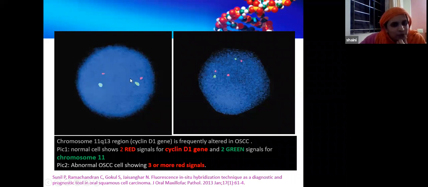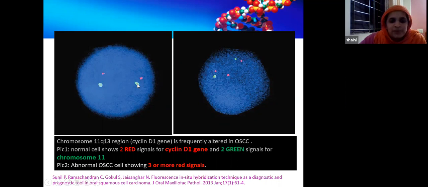Now you're going to put two probes. The red signals will show the presence of normal cyclin D1, which is normally present in a genome. So with the red signal, this is a normal tissue, a normal chromosome. The cyclin D1 gene is present in normal tissue in 2 copies, and this green probe is the probe for that particular chromosome.